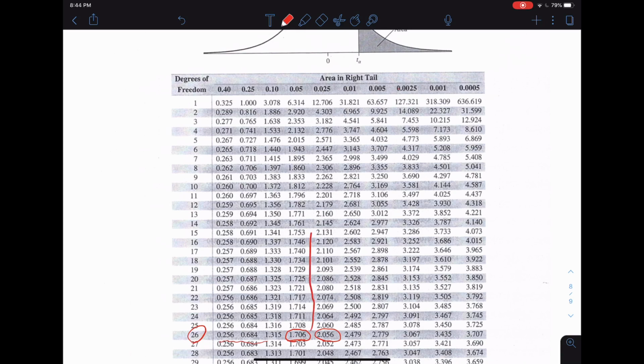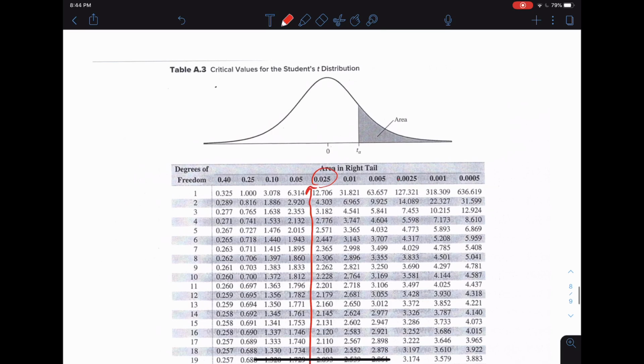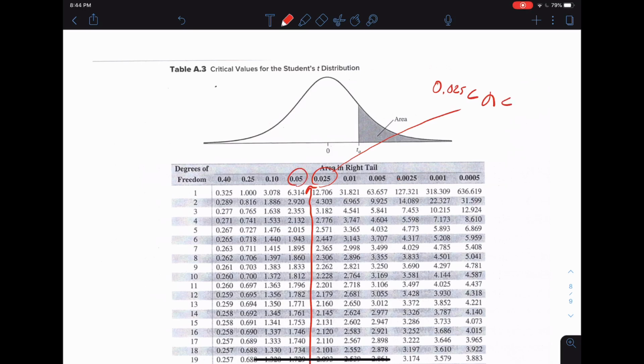So it's somewhere in between these two areas. I'm going to call this alpha because remember there's two tails, so I'd have to double to make it a p-value. So alpha is bigger than 0.025 and alpha is less than 0.05.